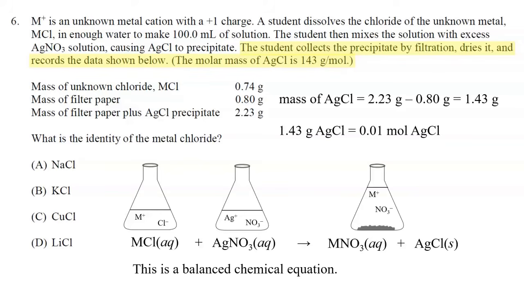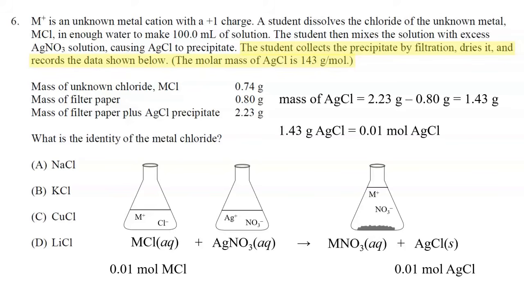And now that we know that we have 0.01 moles of the precipitate, AgCl, we can easily convert that to moles of MCl because there's a 1-to-1 mole ratio between those compounds, the reactant MCl and the product AgCl. So if we have 0.01 moles of AgCl, that must mean that we started with 0.01 moles of MCl at the beginning of this reaction.